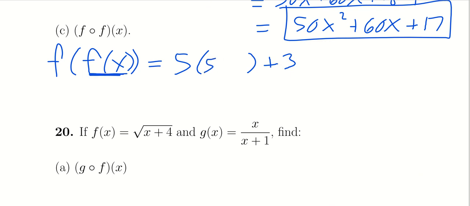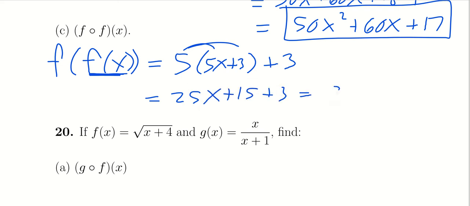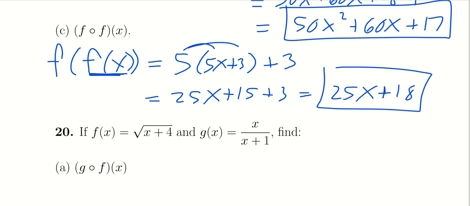So as my input, I also have 5x plus 3. We simplify this. That's going to give us 25x plus 15 plus 3, which is 25x plus 18.